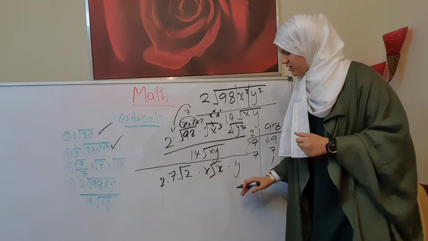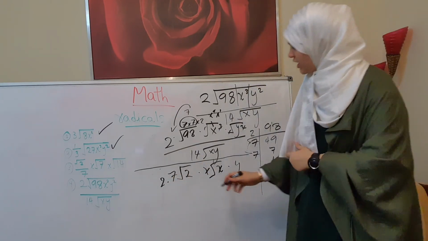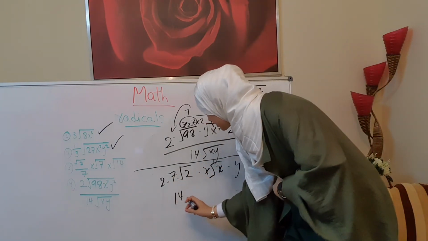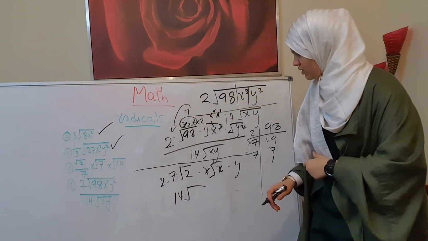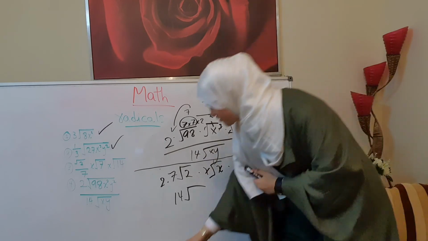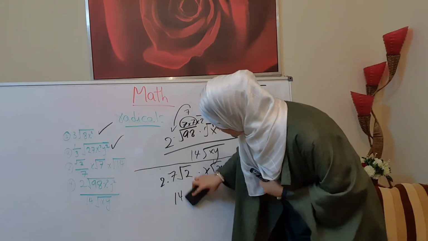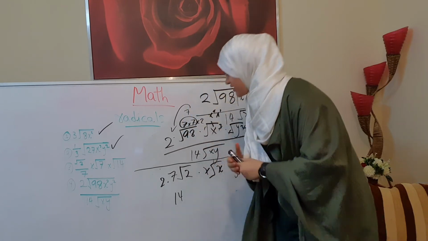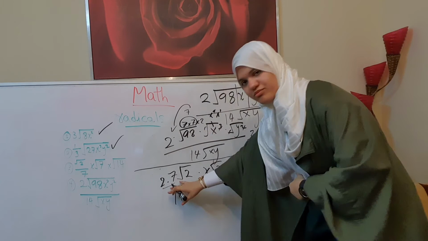After that, we will multiply 2 times 7, which is equal to 14. Okay, so that means 14 radical what? No, before the radical, we bring the perfect and non-perfect together. Like 14, it's perfect.